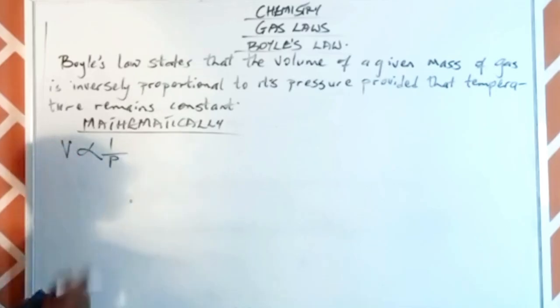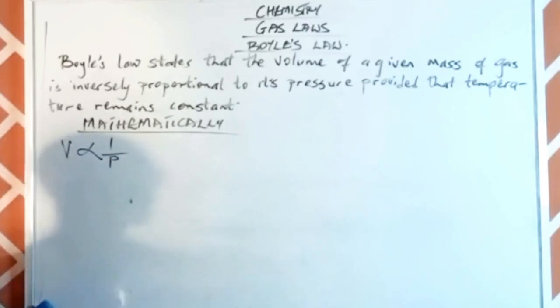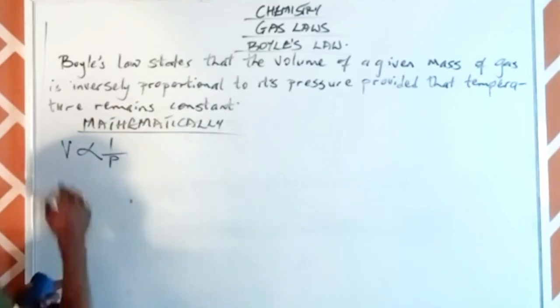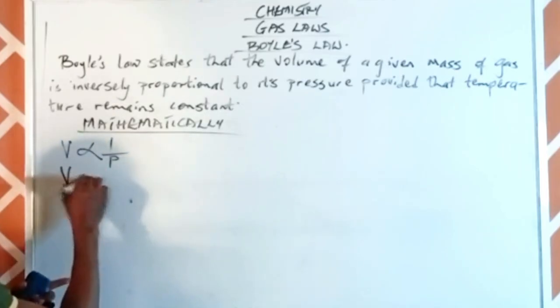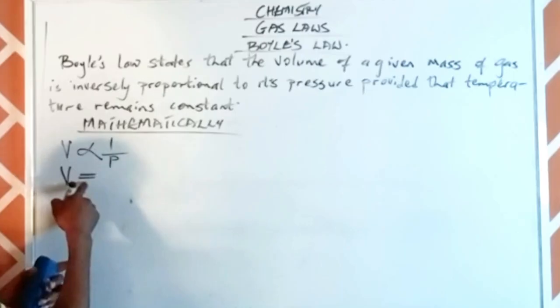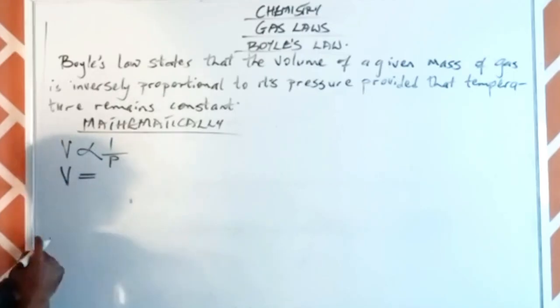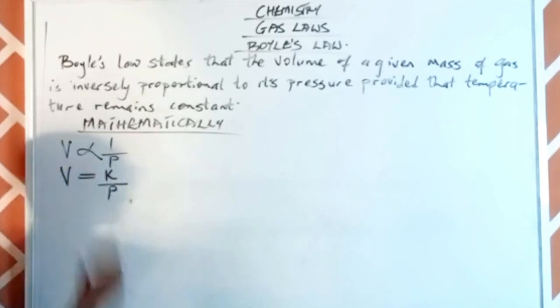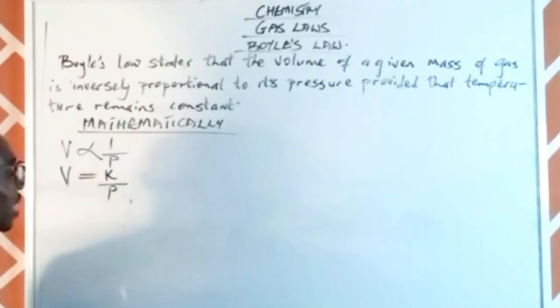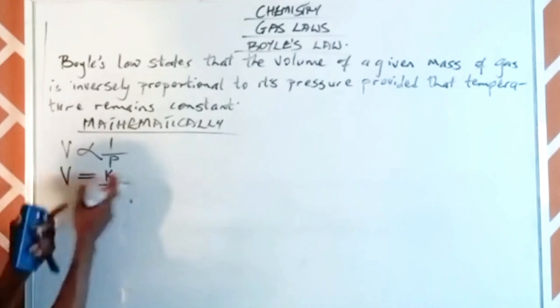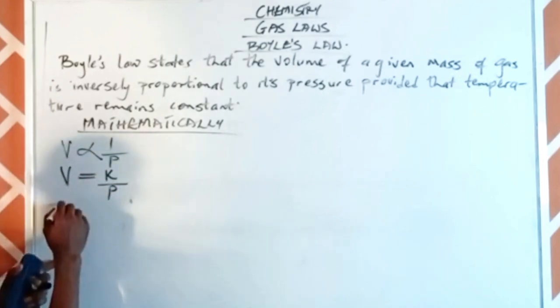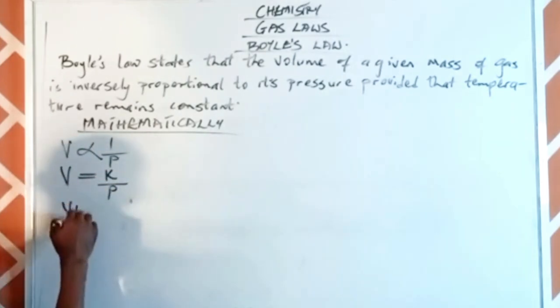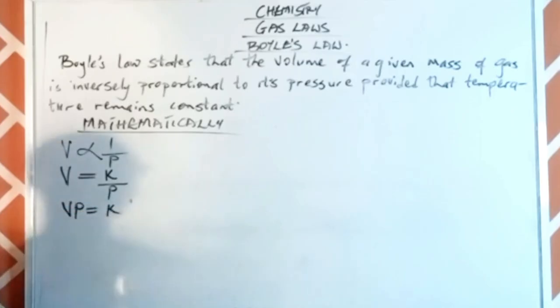Let us change this proportionality sign by introducing a constant to it. If we're introducing a constant, our proportionality sign changes into equal to, and then we'll be having k over p. The k there is the proportionality constant. So if you have V equals k over P, that invariably means we'll be having VP equal k.